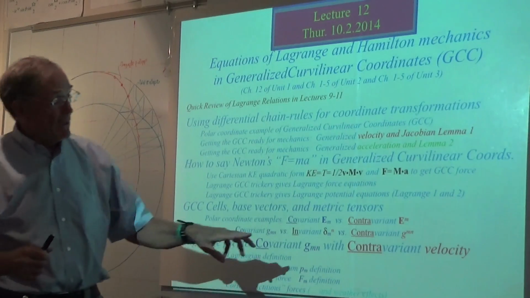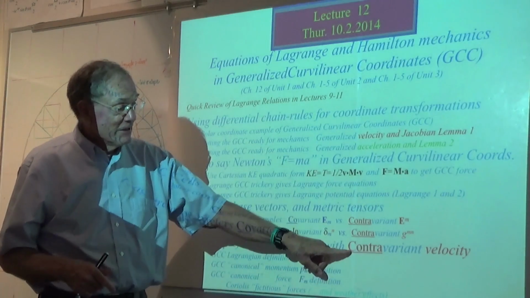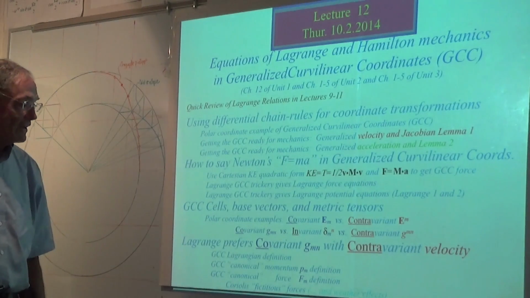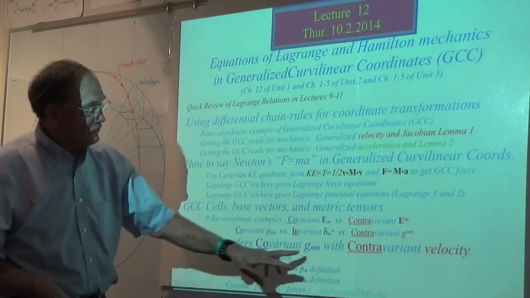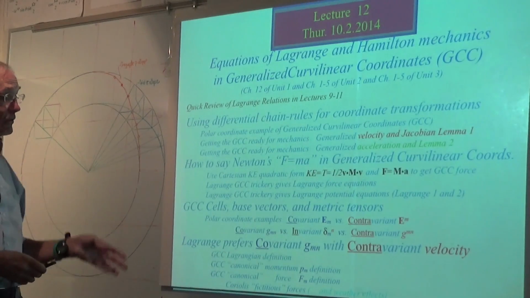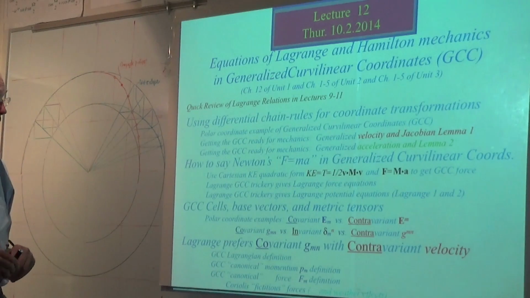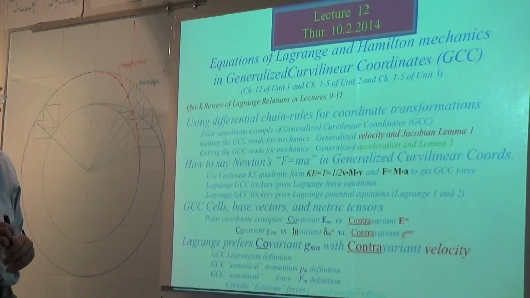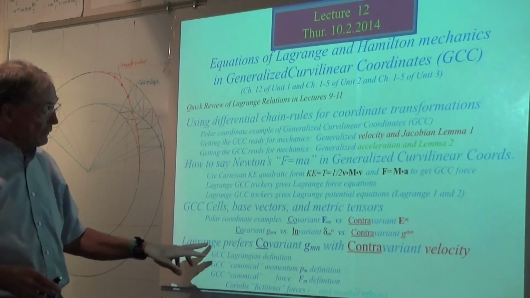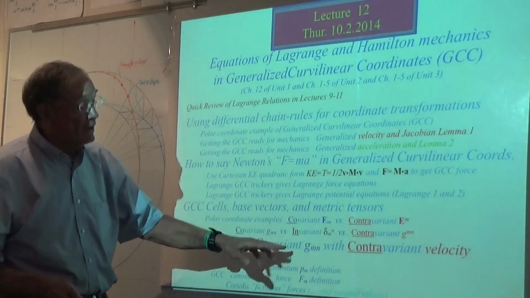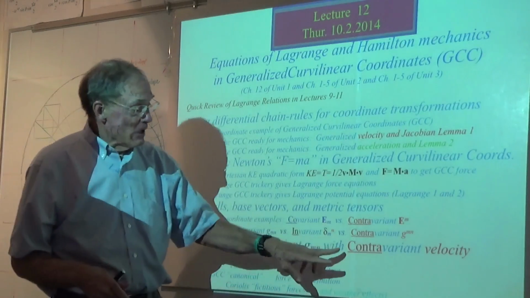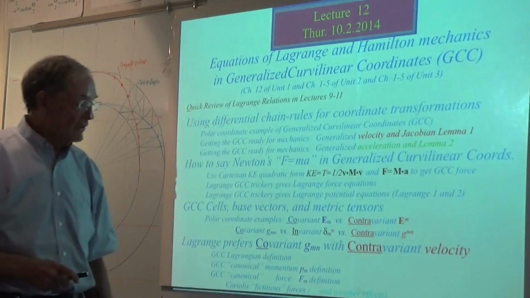So we're going to learn today about the contravariant and covariant objects. They're sort of the duality that we've already seen with these two ellipses that are sitting inside of each other, obeying various kinds of scalar products. And we're going to find that Lagrange prefers the covariant, and then in the next lecture, next week, we'll deal with Hamilton.